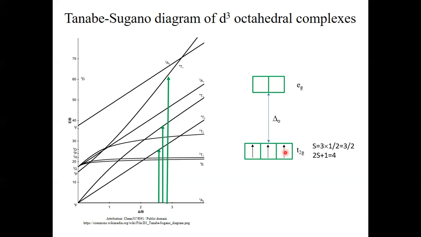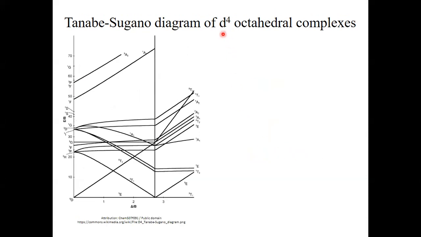Okay, so now what about the d4 electron configuration for an octahedral complex? You see, in this case, our diagram looks more complicated. You see that we have this horizontal line here. And that is because for a d4 octahedral complex, we can have high spin and low spin complexes.